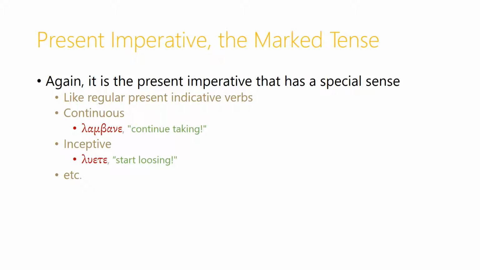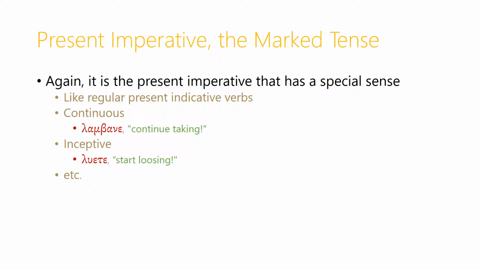And where luson would just mean loose or release or destroy, luete, the present imperative, would mean something like start loosing, or start releasing, or start destroying, if the present tense is being used in an inceptive sense.